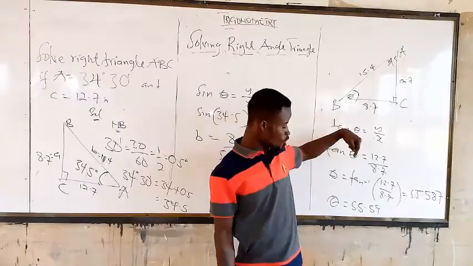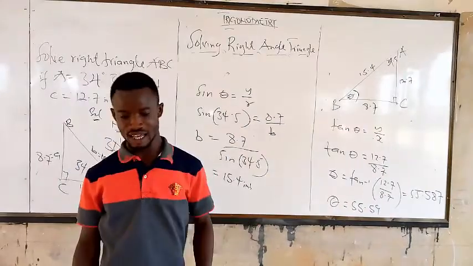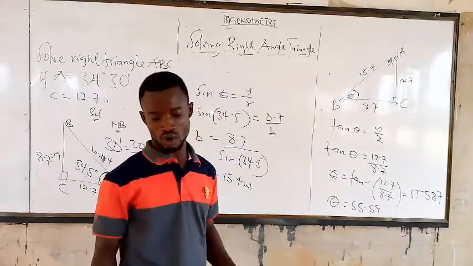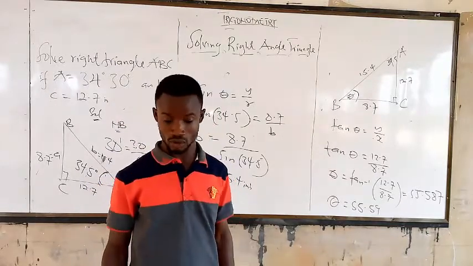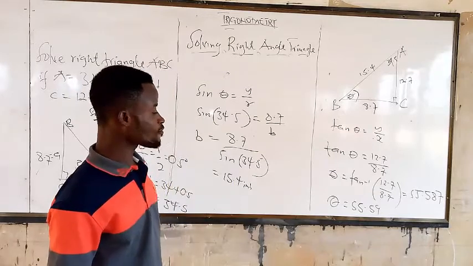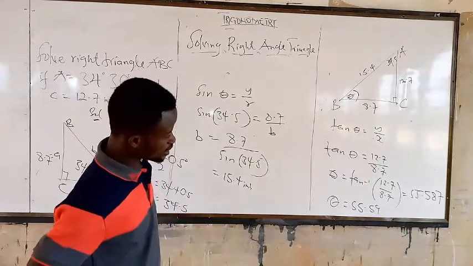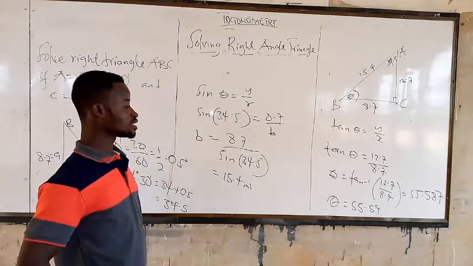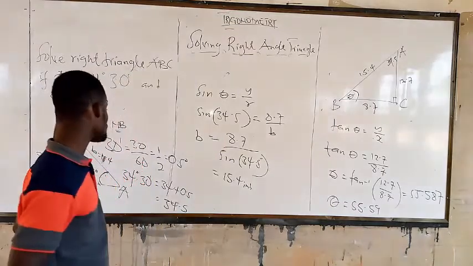The 0.59 is what we will convert, and I have taught you how to convert already. So when you do that, you are going to get 55 degrees 30 minutes.